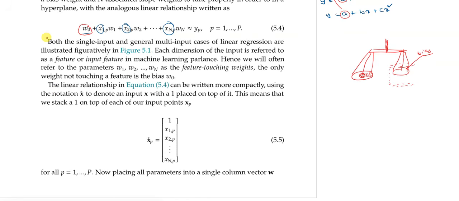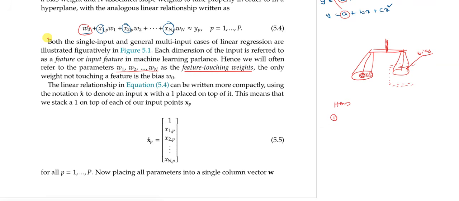Then the remaining W1, W2, W3, and so on up to Wn are feature-touching weights. That means however many dimensions you are using, they are simply known as features. For your understanding, suppose I want to purchase a house.